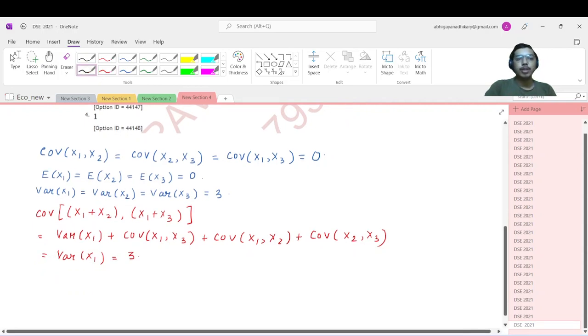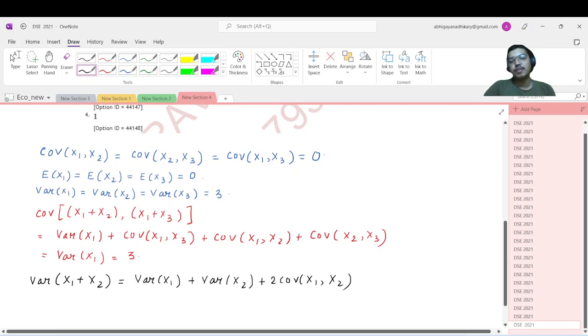For calculating the correlation coefficient, we also need the expressions for variances. So what is the variance of x1 plus x2? It is variance of x1 plus variance of x2 plus 2 times covariance x1 x2. This is 0, so this is 3 plus 3, answer is 6.